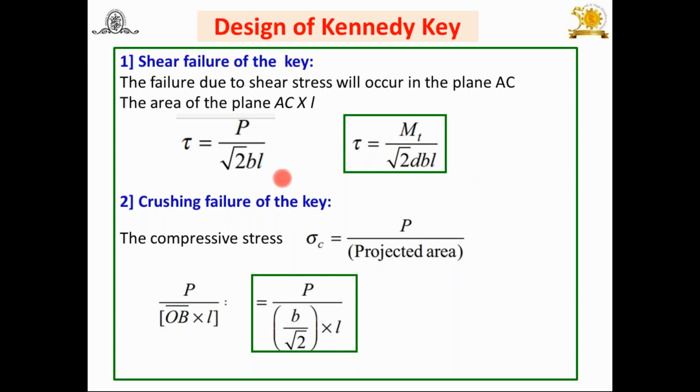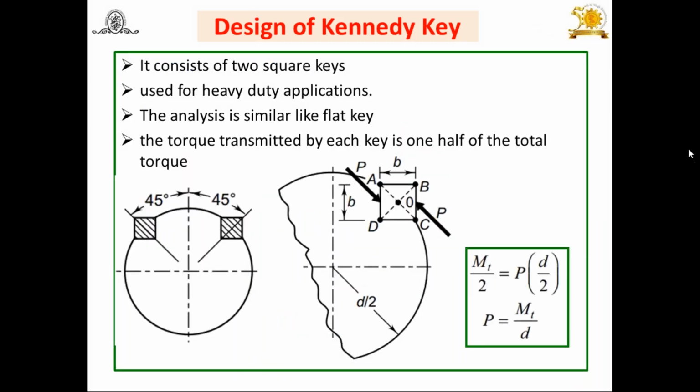Try to understand. Then another criterion is the crushing failure of the key. How is the crushing failure going to happen here? Look at this here. So you will find the crushing failure. Now this is where the hub is mounted on the shaft. Yesterday also we have seen the hub, h by 2. We have taken the crushing area in the shaft, then h by 2 above in the hub.